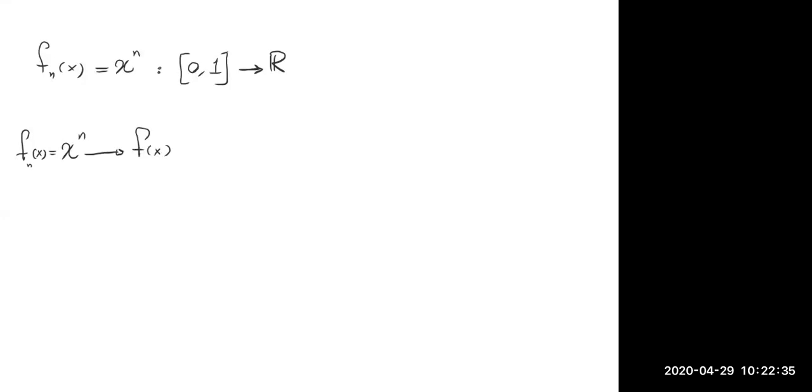Let's look at the second example. In the second example, we defined Fn of x to be x to the n. We consider this as a function defined on the interval 0 to 1, to R. So we saw x to the n converges to a function f of x, where f of x is equal to 0 if x is greater or equal than 0 and less than 1, and it equals 1 if x is equal to 1.